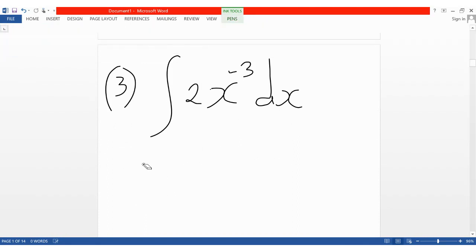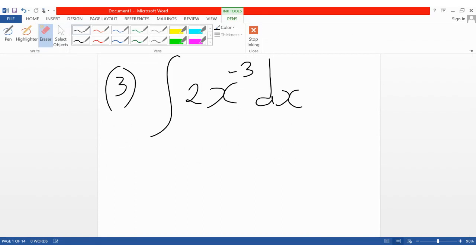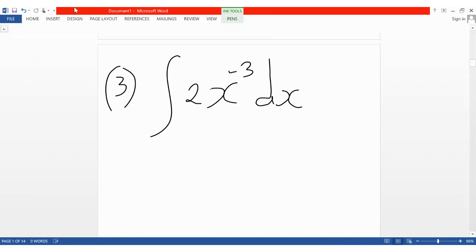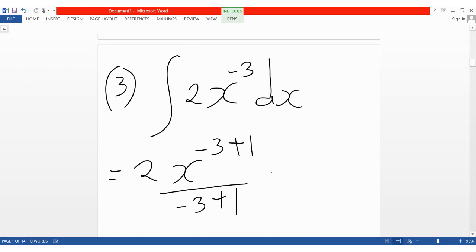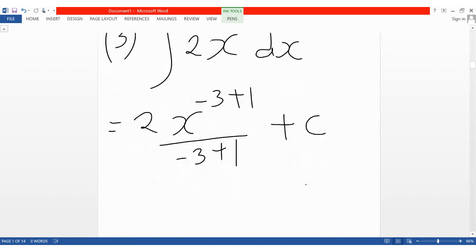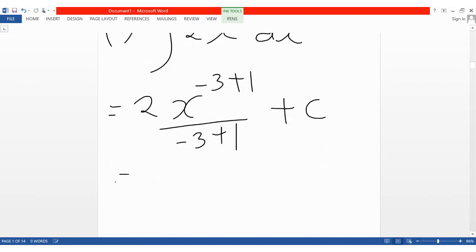So I'll deal with the function. The 2 is still there. Then I add 1 to the power, and then I divide by the new power plus a constant of integration. When you do that, you'll get 2x to the power negative 2 all over negative 2 plus c.